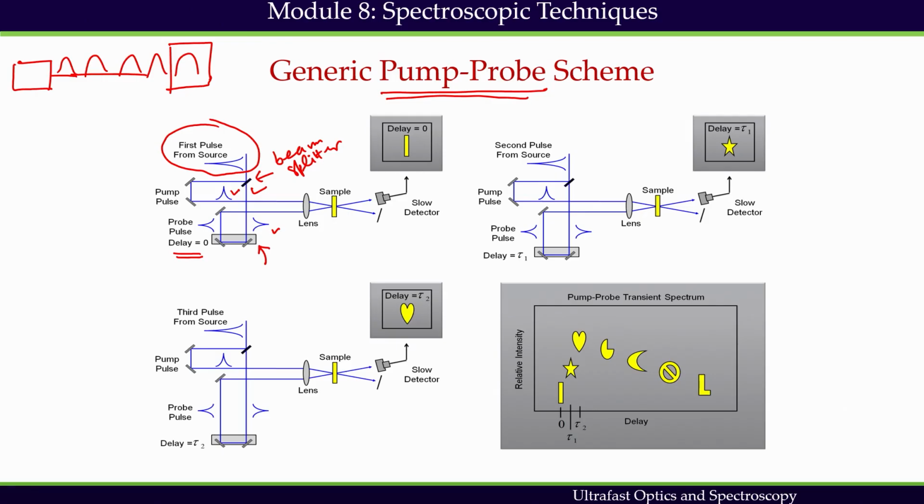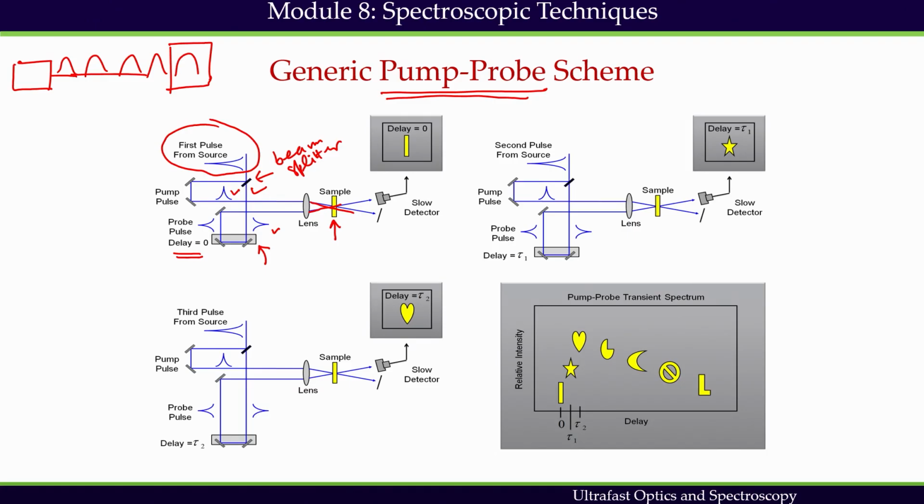When probe pulse at a variable time delay interrogates the system excited by the pump pulse, it sees different time evolving nature of the sample. So the pump pulse will induce the excitation in the sample. This is pump pulse, and at different delay, when the probe pulse will interrogate the system, it will see different behavior of the sample.